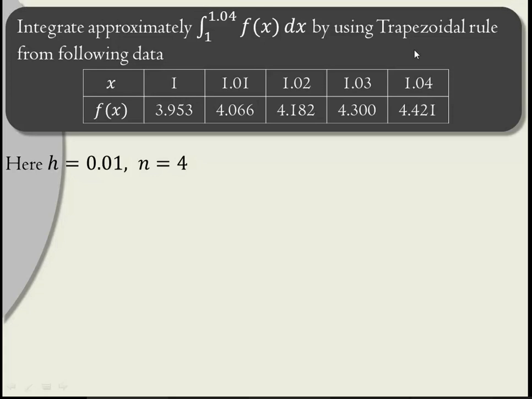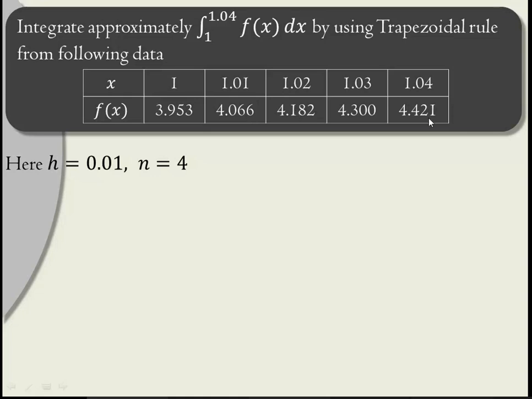The last term we take as xn. So xn is x4, and n will be 4. The difference between any two terms is h, with upper limit b and lower limit a. Now these are the values we know: x0 to x4, and the corresponding values y0, y1, y2, y3, and y4.